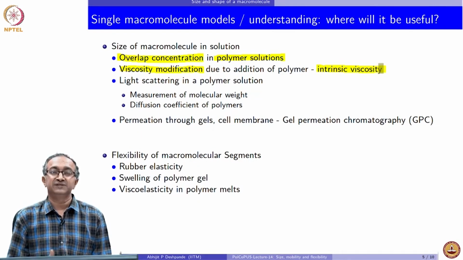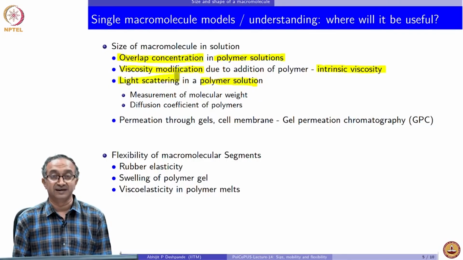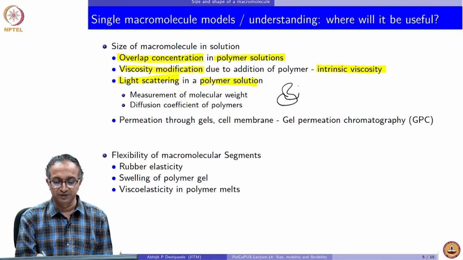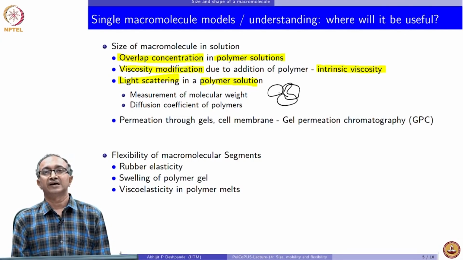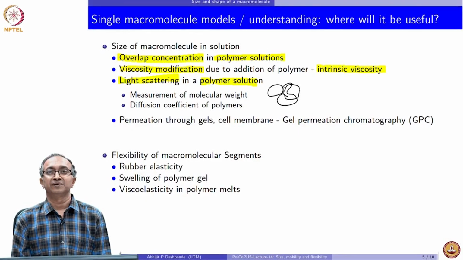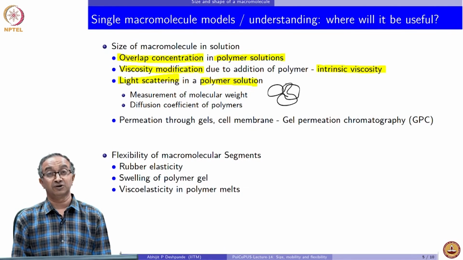Also, the behavior of single macromolecules is very useful from the point of view of measurement. So if we take a polymer solution and measure the light scattering, because I have described these polymer chain molecules as coil-like objects, what happens is scattering of light due to these macromolecules in solution depends on the size and shape of this macromolecular coil.